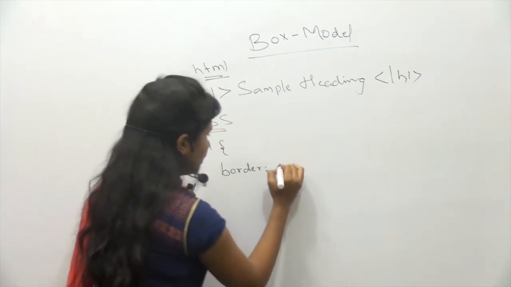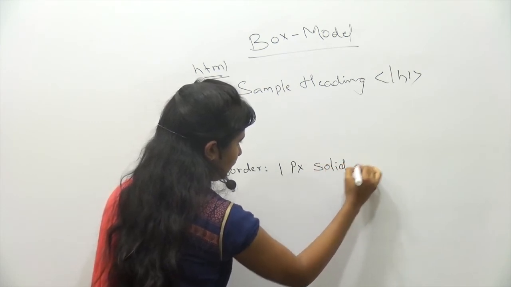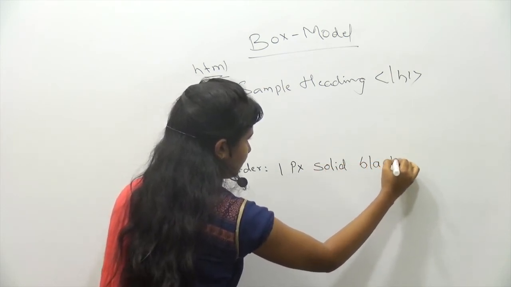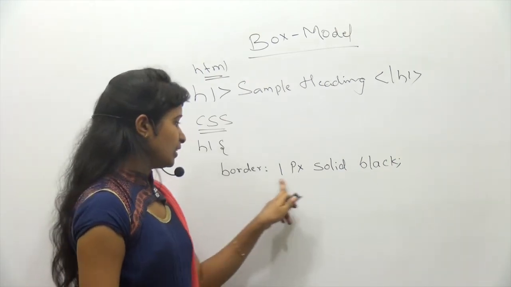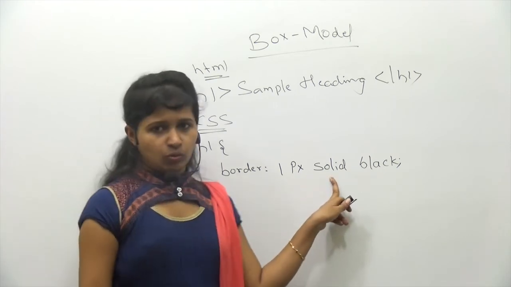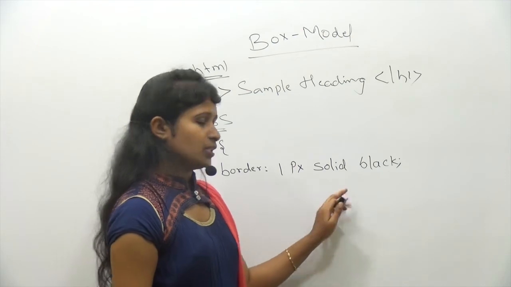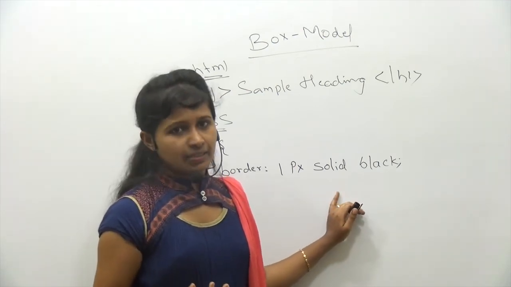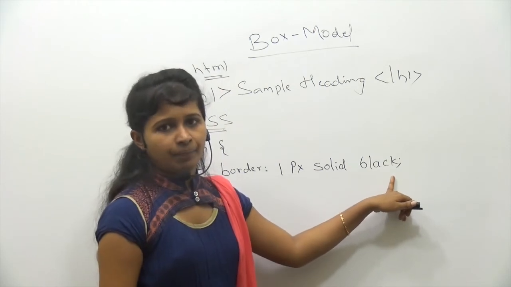Okay, border will be 1 pixel solid black. That means I am telling that my border thickness should be 1 pixel and it should be solid, or you can also keep dotted or something else. We will discuss that in the complete CSS module. And color will be black.